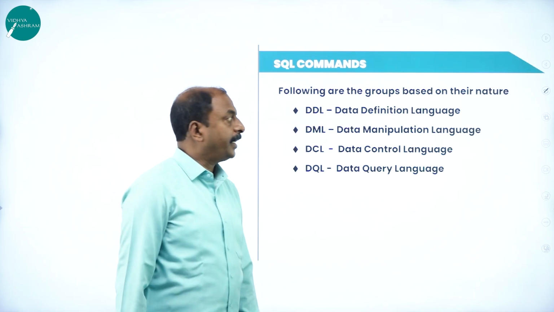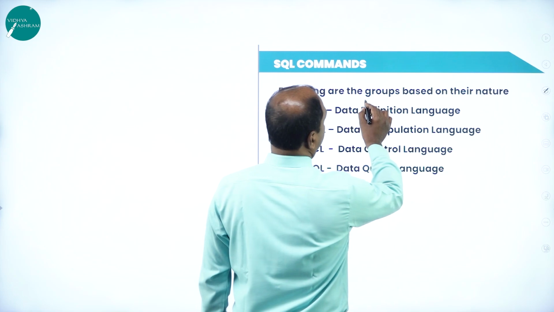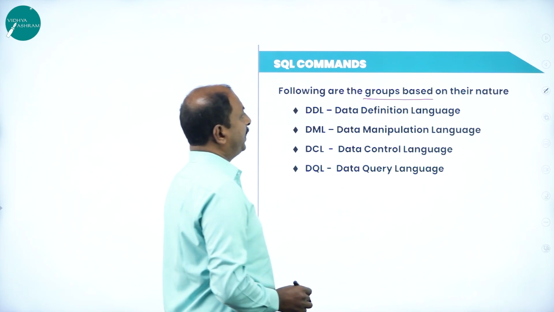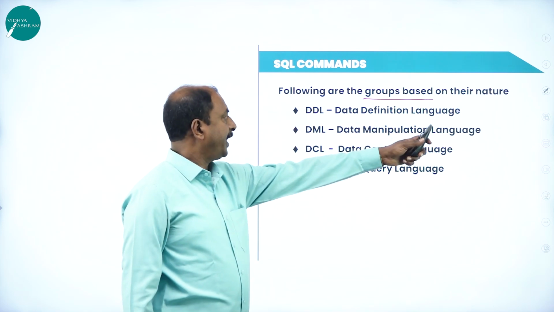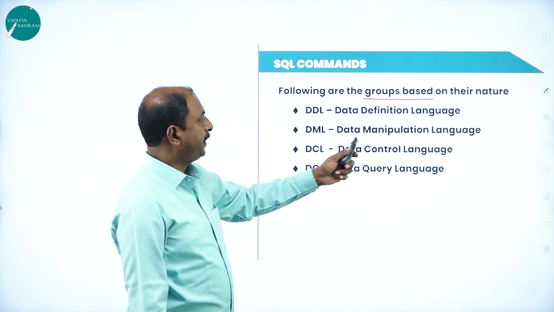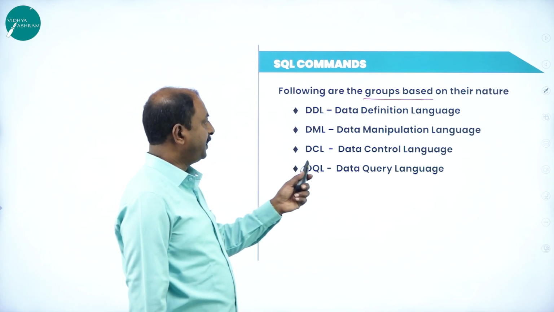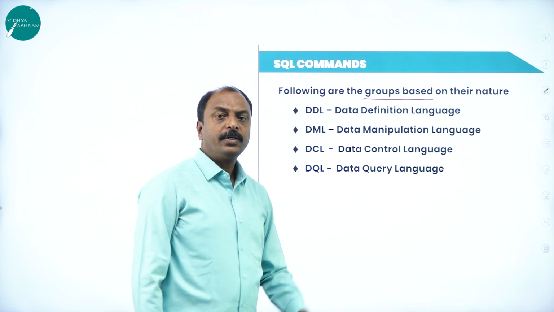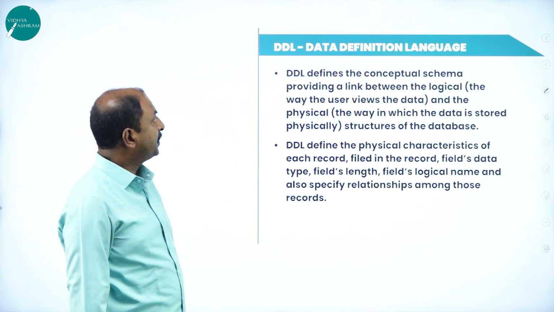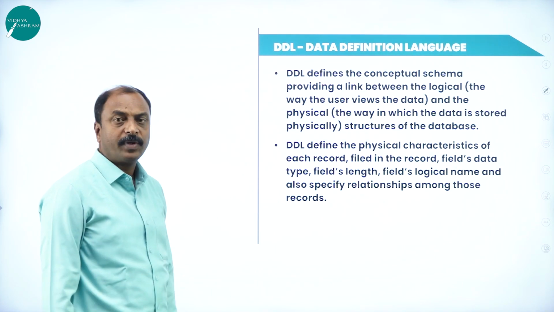And here following are the groups of SQL commands based on the nature. One is DDL, data definition language, DML, data manipulation language, DCL, data control language, and DQL, data query language. Now let us see the definition of the different types of languages.